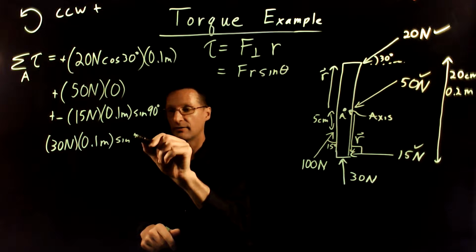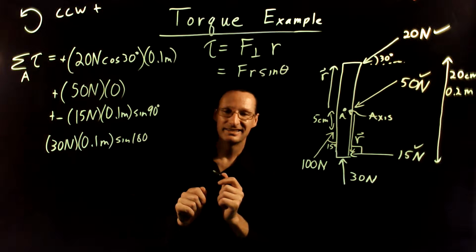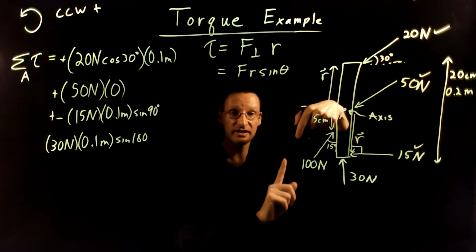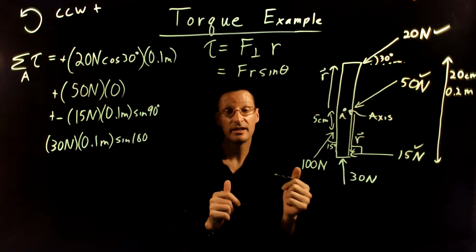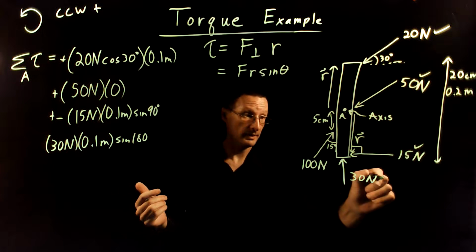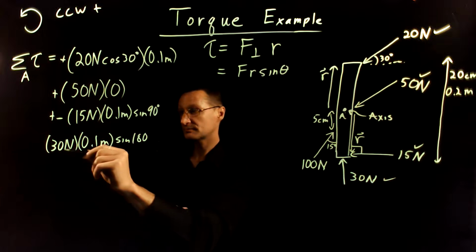So I'm going to have sine of 180 here. Sine of 180 is 0. So again, intuitively, this 30 Newton force is not going to cause clockwise or counterclockwise rotations around the point A. It produces no torque, okay? So this is going to be 0, but I've written it out here anyway.